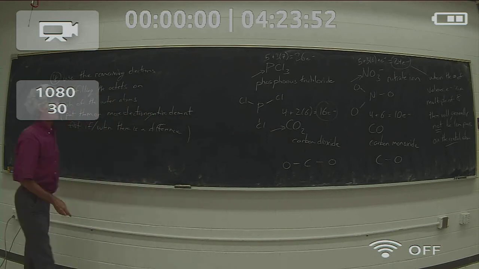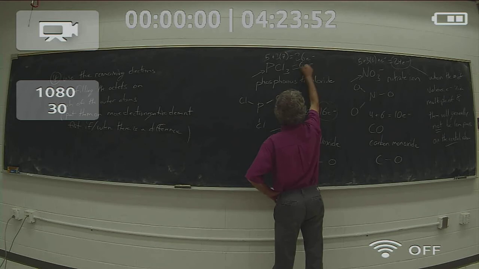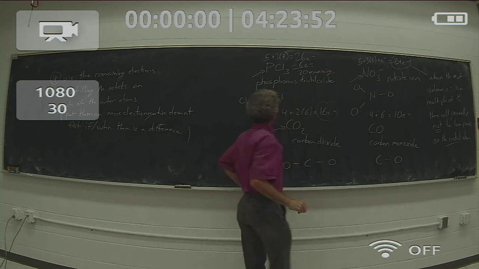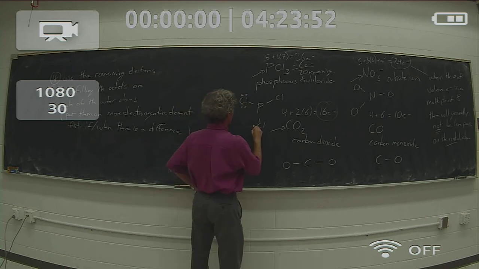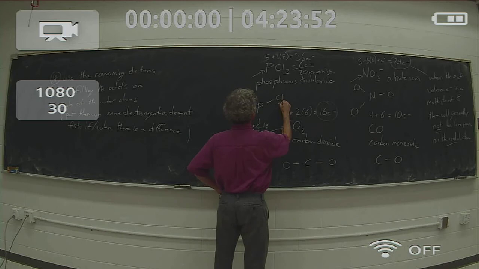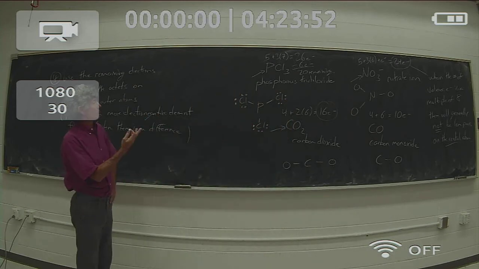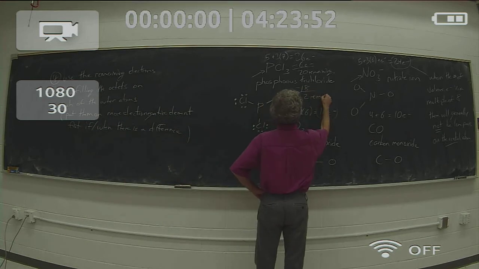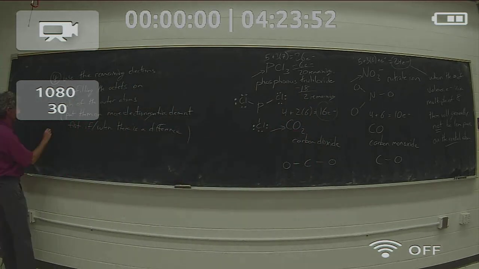In the case of phosphorus trichloride, we used up 6 electrons. We have 20 remaining. And we're going to put 6 on each chlorine for the octets. So we've used up an additional 18, but we still have 2 more. Those 2, because there's no more room on the outer elements, are going to have to go on the central atom.